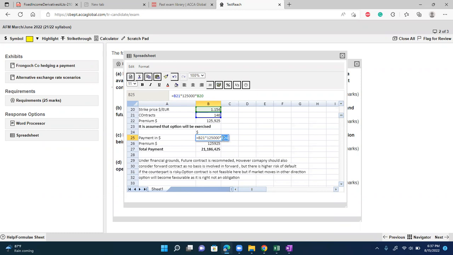We will multiply with the option rate in order to arrive at the home currency. So number of contracts into contract size into strike price. Please guys, go through it. If you have any question, do let me know.